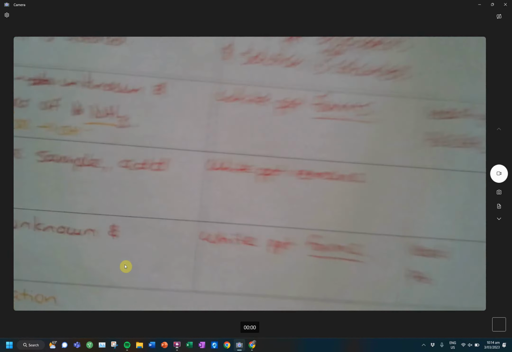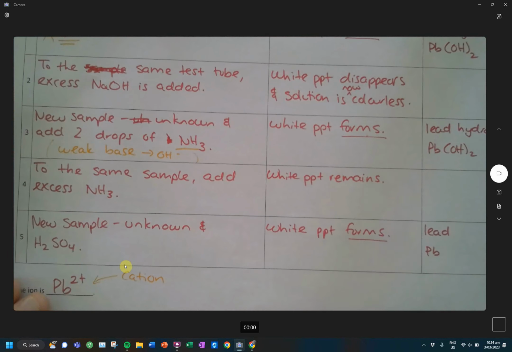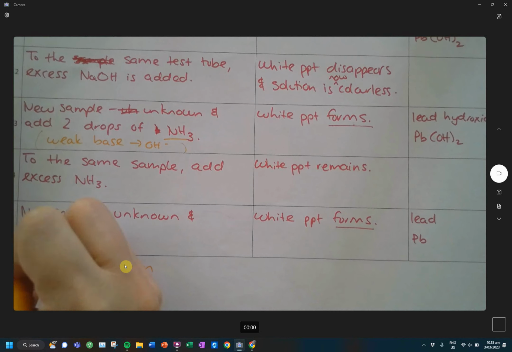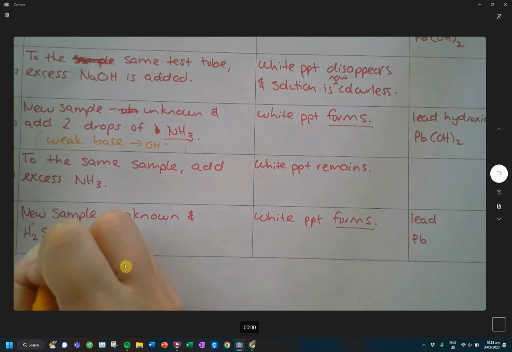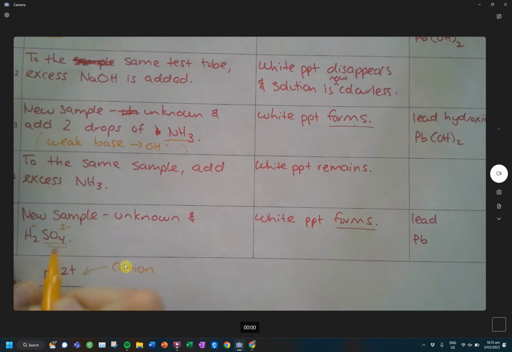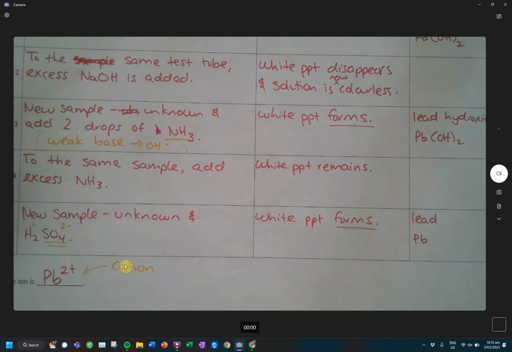Cool. All right. Last thing then is my sulfuric acid. So in this case, remember the hydrogen ions are positives and the sulfate is SO4 2 minus. If you're not sure, look at the resource sheet because we give you all the ions, we give you the charges. So I would want the sulfate in this case, and I would identify this as lead sulfate.